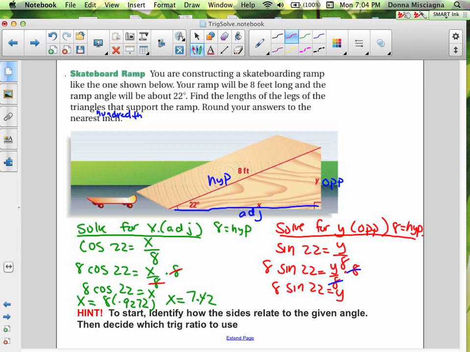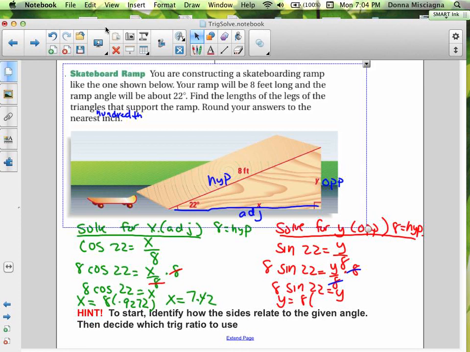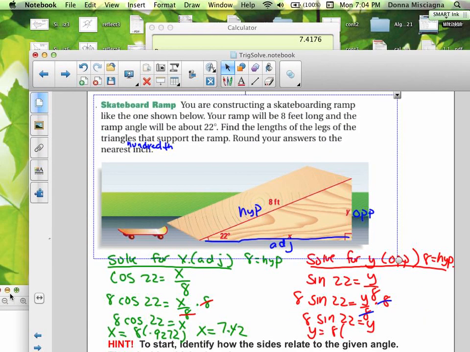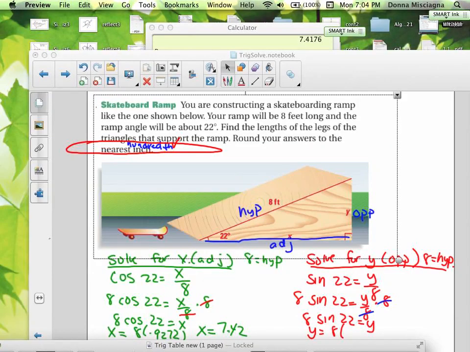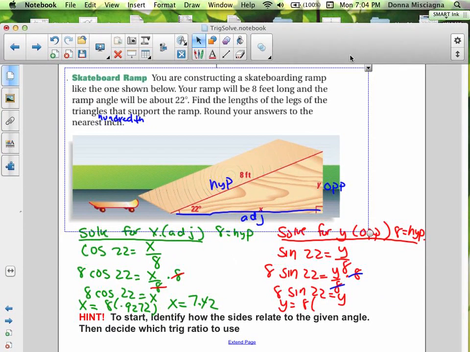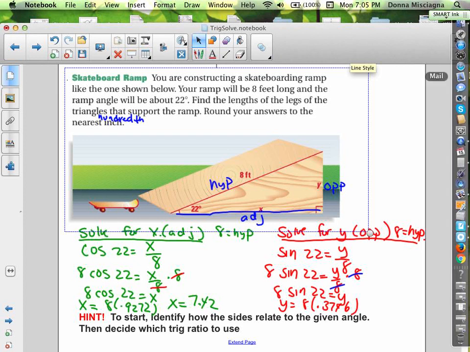Now let's go find out what the sine ratio was for the 22-degree angle, and we can plug it in there and calculate. There we go, and it's still circled, so it's 0.3746. We'll grab the calculator and calculate that measurement.